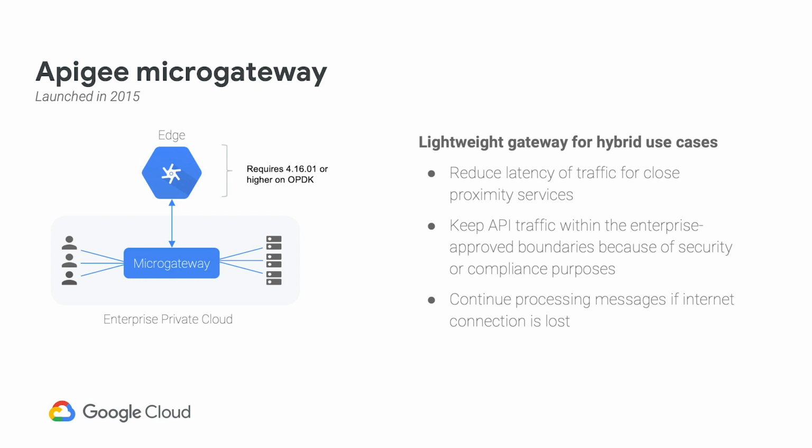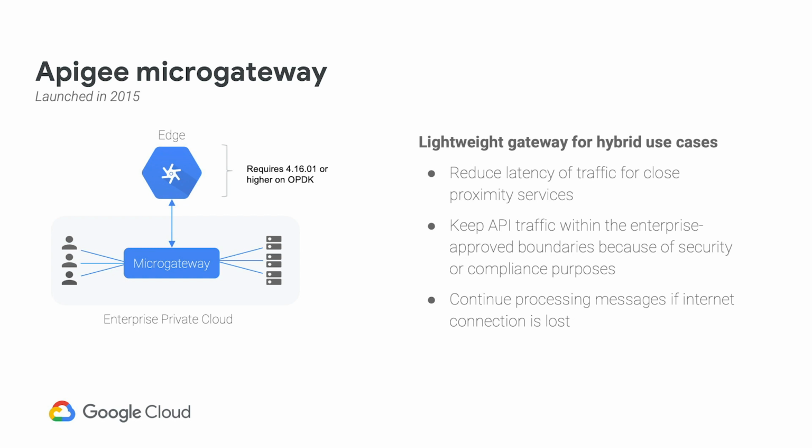In 2015, we launched Micro Gateway, and Micro Gateway was specifically addressing the need for an API gateway for microservices. When enterprises started to build microservices, and these were the really early days of microservices in 2015, they were looking for a very lightweight gateway that could do basic API protection as close to the microservice as possible.